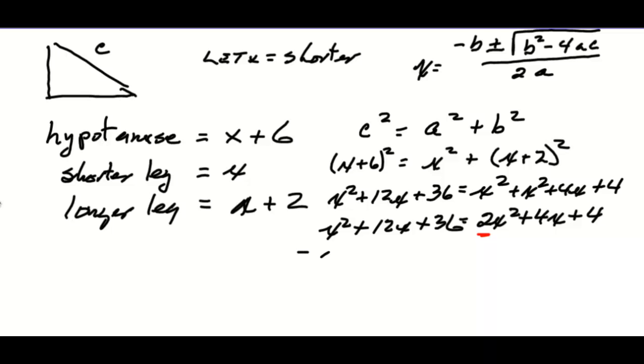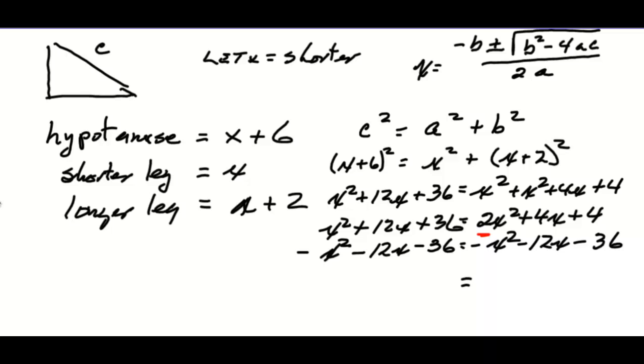So I'm going to subtract x squared, I'm going to subtract 12x, and I'm going to subtract 36. So if I do that on the left, I have to do that on the right. Minus x squared minus 12x minus 36.